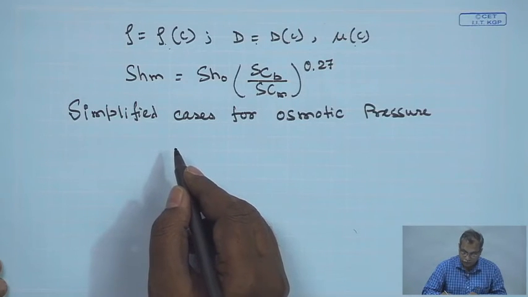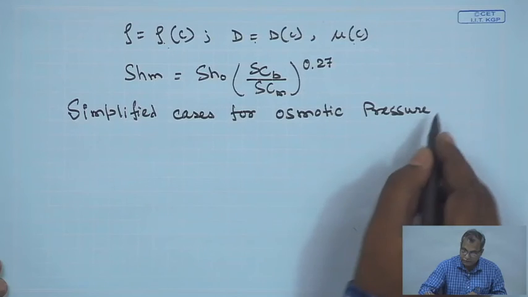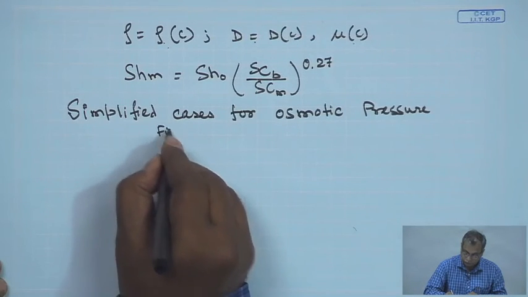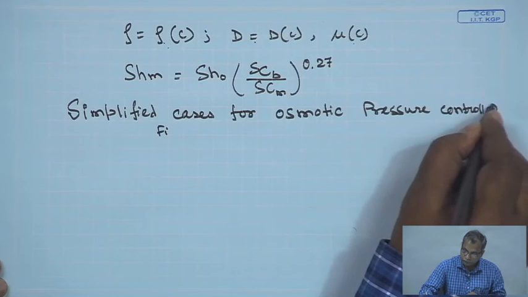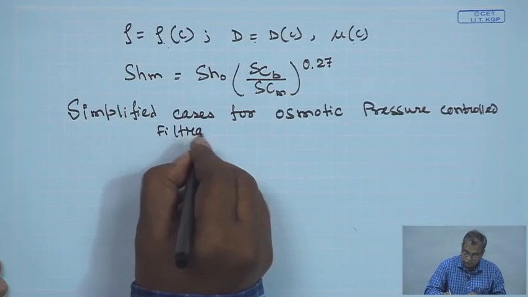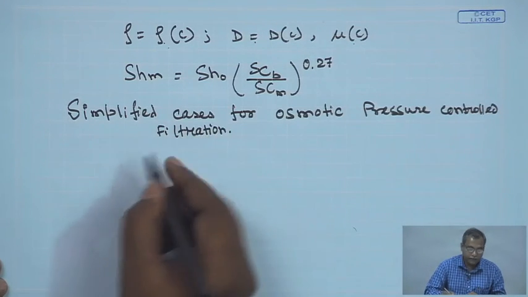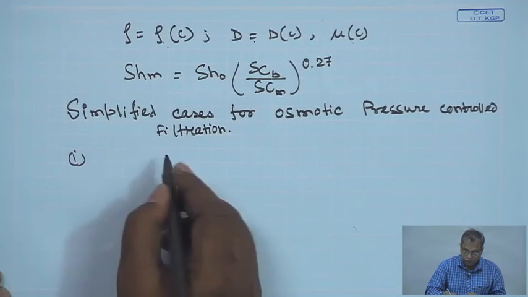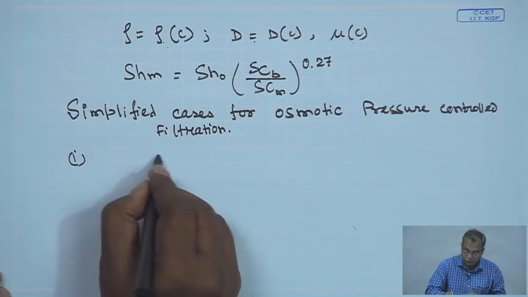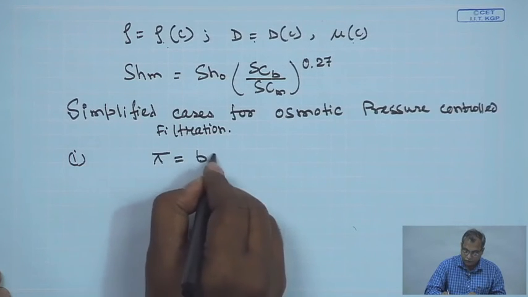Now, let us look into some of the simplified cases of osmotic pressure controlled filtration. So, the first case: we consider for all the cases that osmotic pressure is a linear function of concentration.